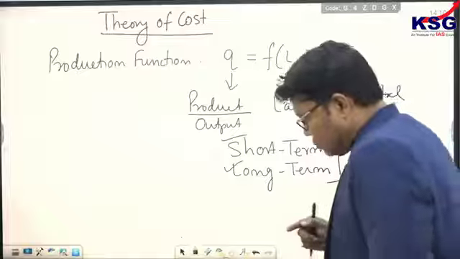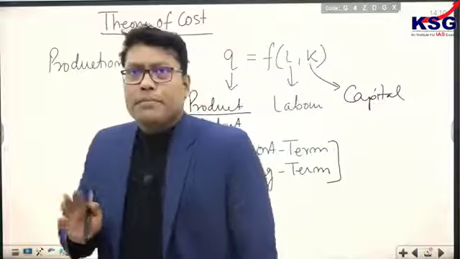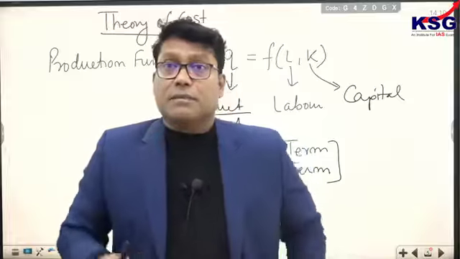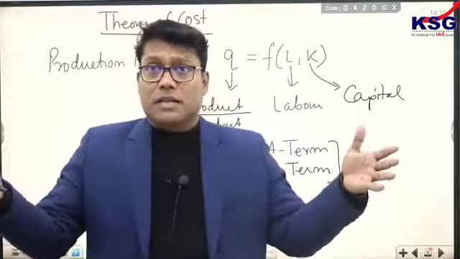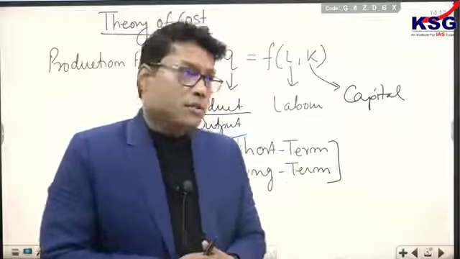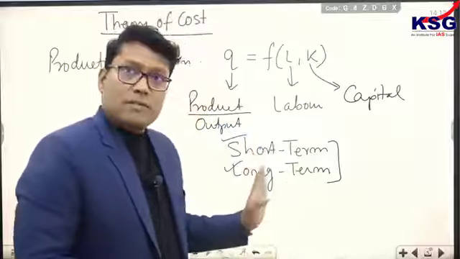But you write including capital because you may think we can't change it, but here we can change it because it's a long time horizon. If it is a long time horizon, then you can easily change all the factors. It is possible. Clear? So long term and short term are clear.